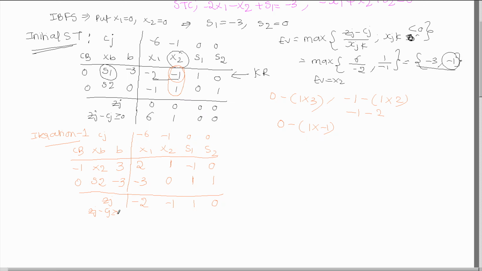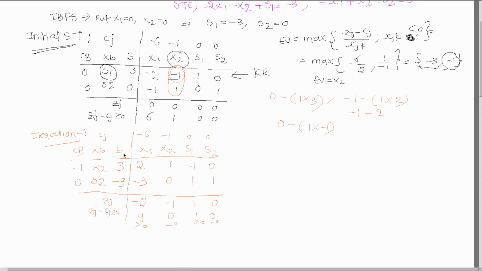Zj minus Cj greater than or equal to 0. Zj minus 2 minus of minus 6 plus 6, minus 2 plus 6, 4, minus 1 plus 1, 0, 1, 0. If Zj minus Cj are all greater than or equal to 0, we have to stop the process, but we have a basic variable as minus 3.